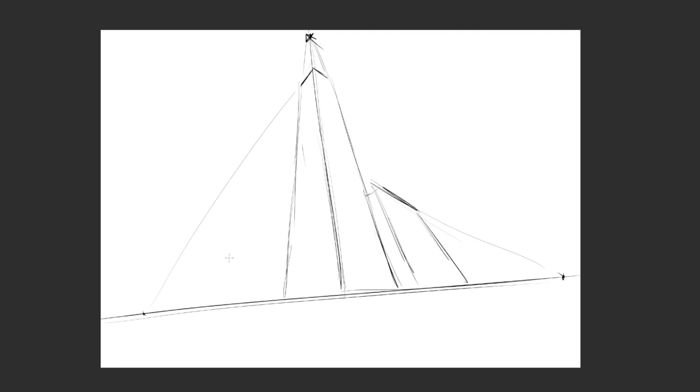So, for example, this one here, maybe just this line, and then also like this, like this, like this, like this.